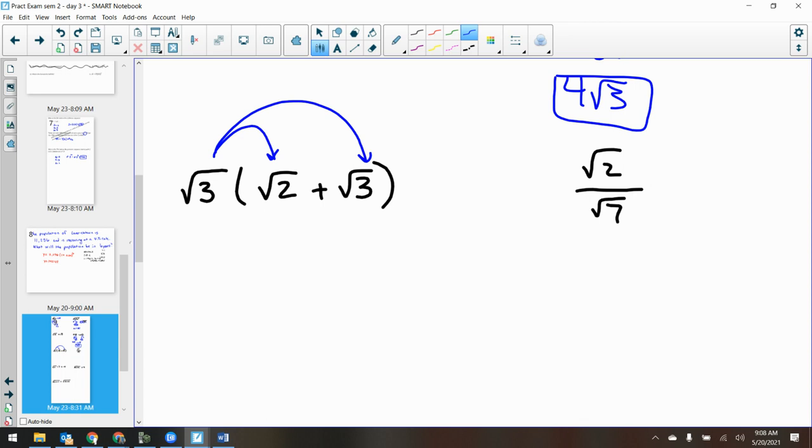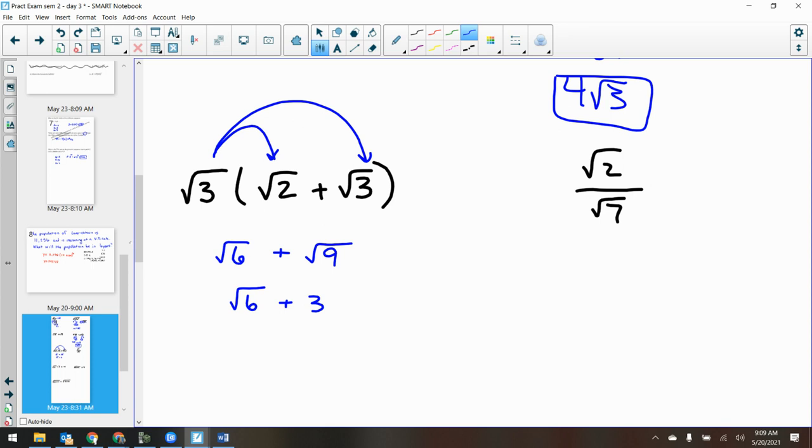So a radical 3 times a radical 2 will get us a radical 6. Plus, radical 3 times radical 3 is a radical 9. Oh, so that's not too bad. That's just radical 6 plus 3. That's it. Not bad at all. If we broke it down, it'd just be 2 and 3, and there's no buddies.